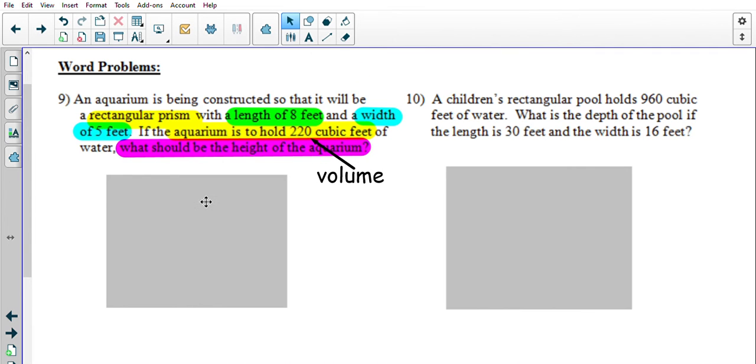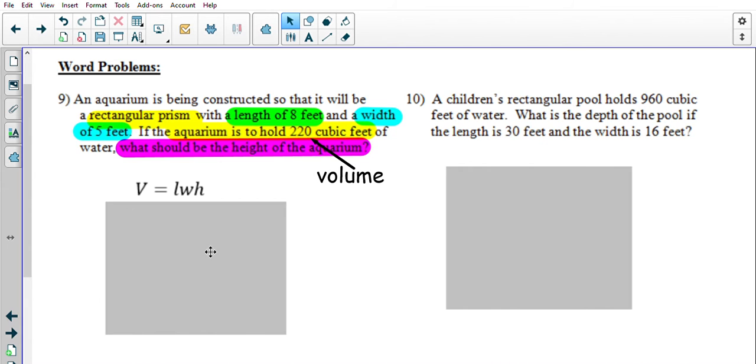So let's use our volume formula for a rectangular prism. Again, we know it has to be volume or surface area. We haven't talked about surface area because it's a three-dimensional shape, and because we're talking about how much liquid this is going to hold, we're talking about volume, space inside. Our formula is volume equals length times width times height.